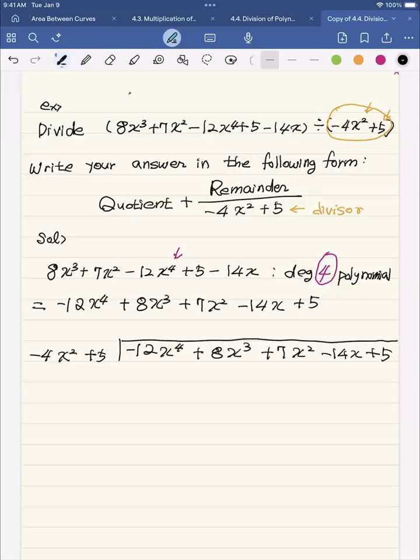To perform the long division, you will compare the first term. And then you will figure out what you have to multiply to make what appears as the top degree.